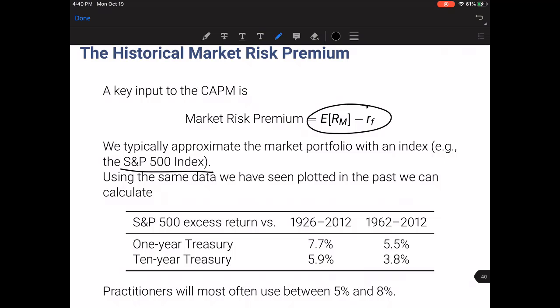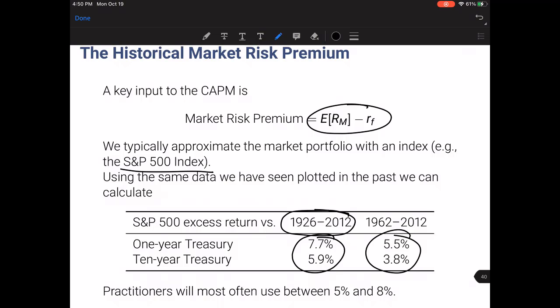So it's important to note that your return can differ from period to period in which you estimate. So the example here is, if you look at the interval between 1926 and 1920, you'll see that the excess returns is much higher if you use more recent data, right?